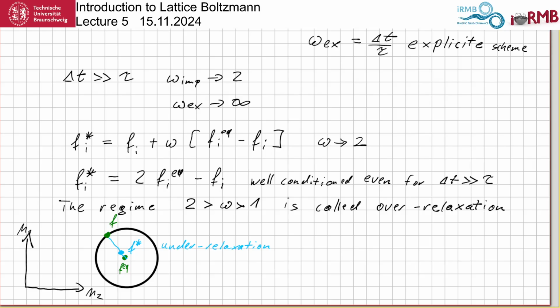What we can also do is we can go actually up to this point here. Yeah, so this point here would be as much out of equilibrium as the incoming population.